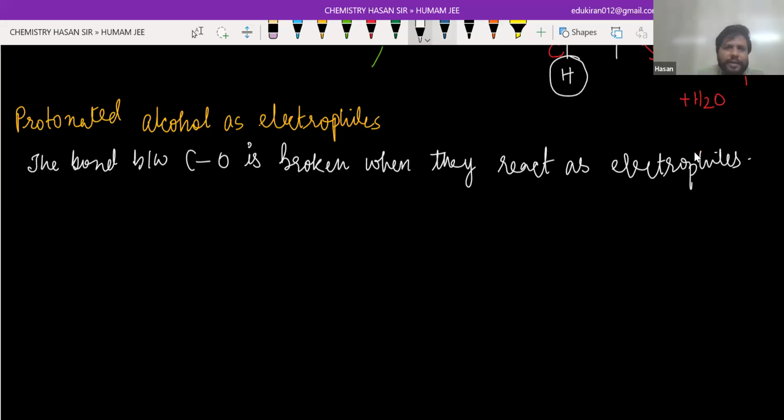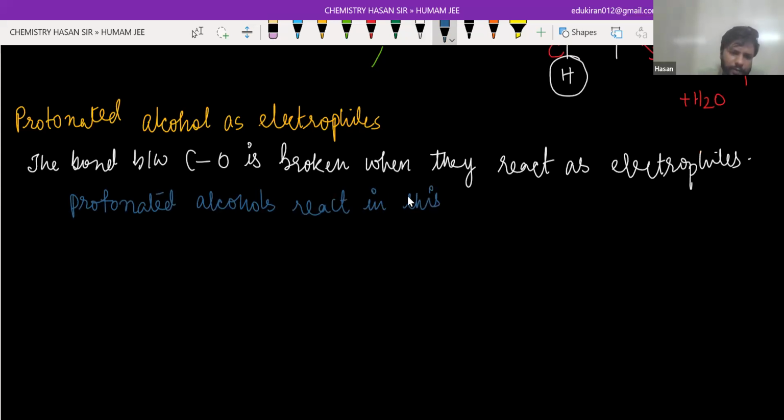And as I have written here, protonated alcohols, we can write one more point. Protonated alcohols react in this manner. Only protonated alcohol.